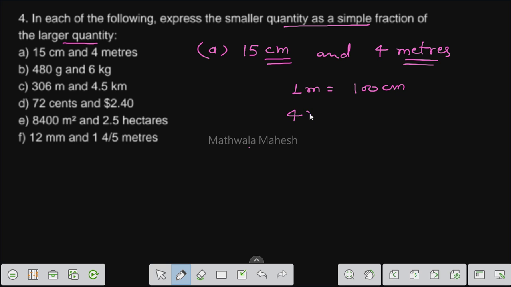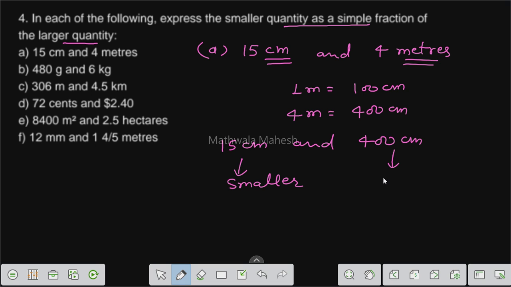So what is 4 meter? 4 meter equals 400 centimeter. And now we can compare that first one is 15 centimeter and second one is 400 centimeter. Now this is the smaller quantity and this is the larger quantity.